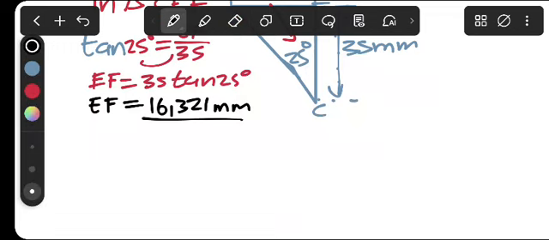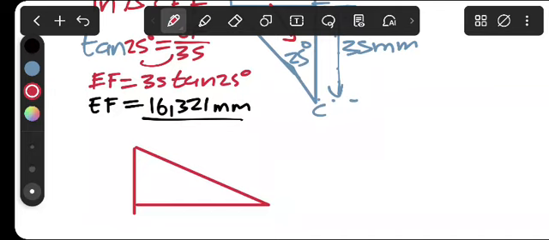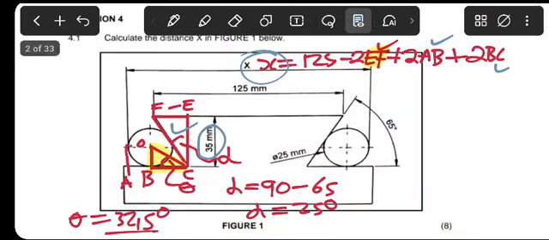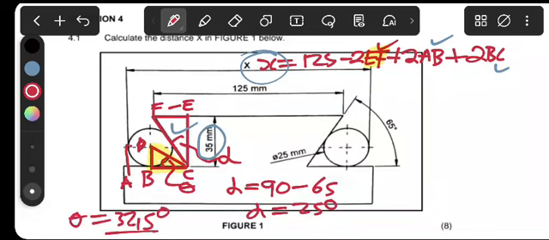You can tell the examiner this: we have in triangle BCD, this is our triangle. So here we have A, B, and from there BC. This is D.